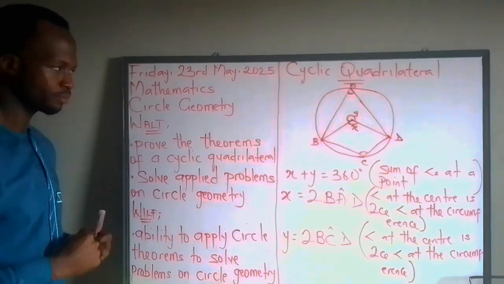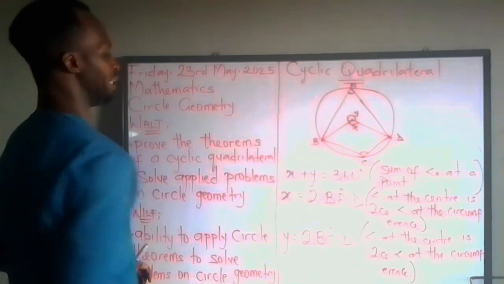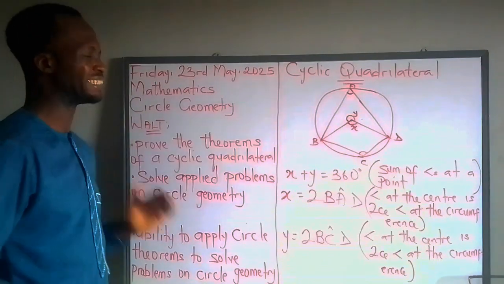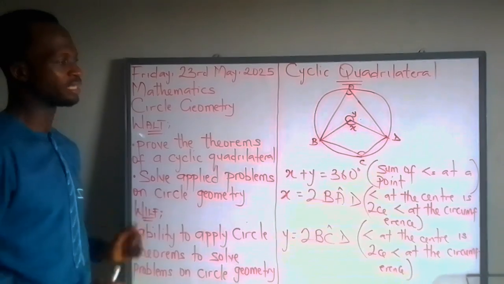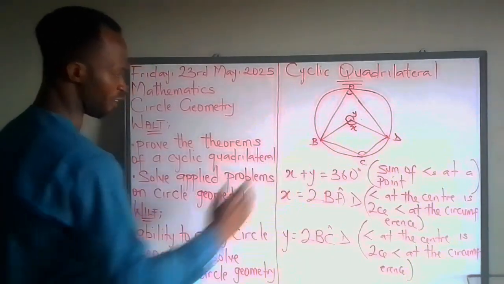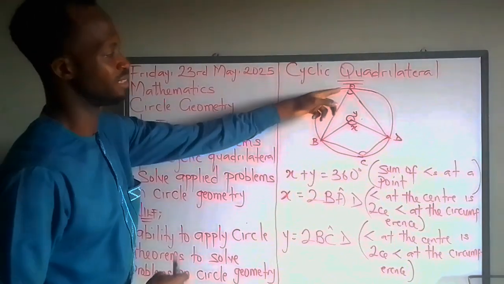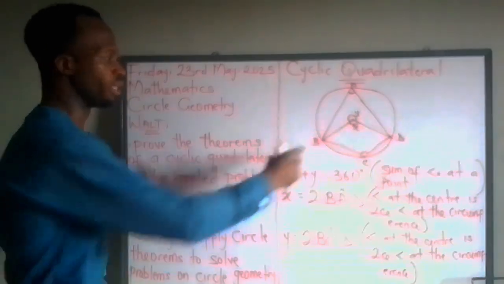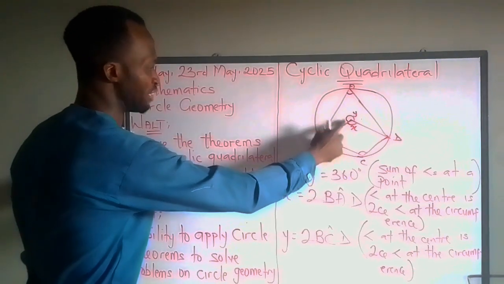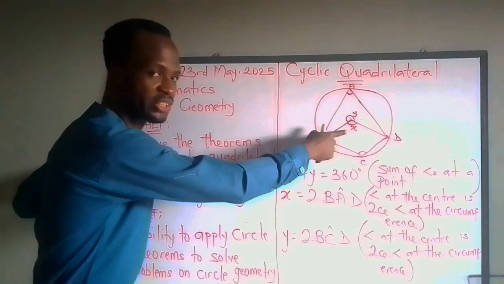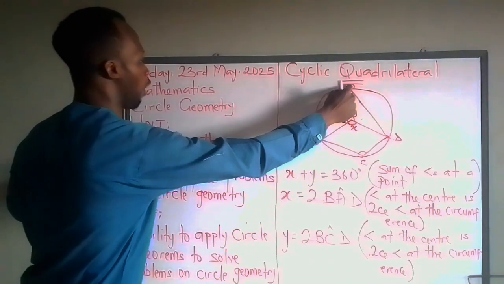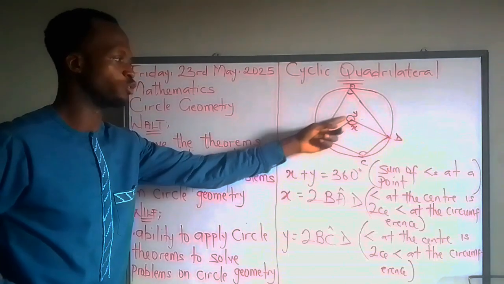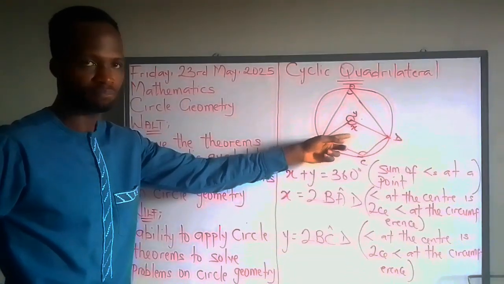So take note that if x plus y is equal to 360 degrees, and we know from what we have proved that the angle at the center is twice the angle at the circumference, then if the sum of these two angles gives 360 degrees, what that means is that the sum of the two angles at the circumference will also give half of the two angles at the center here. Do you understand that?